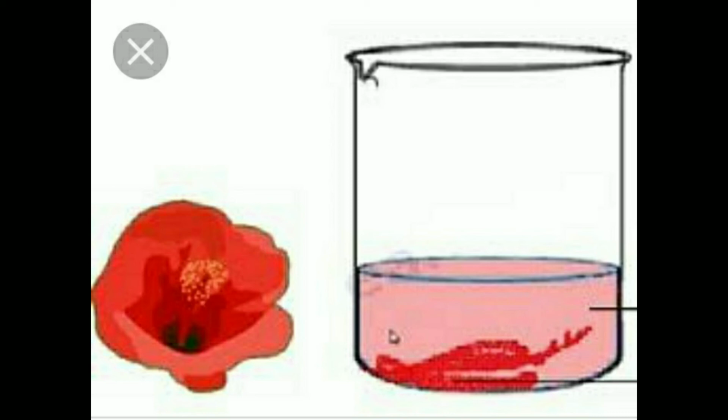After some time, what do we observe? The color of the solution gradually turns reddish. Initially the water was colorless, but when left for some time without disturbing, you see that the water gradually changes color to red. First it would be slightly pink, then a little more reddish.